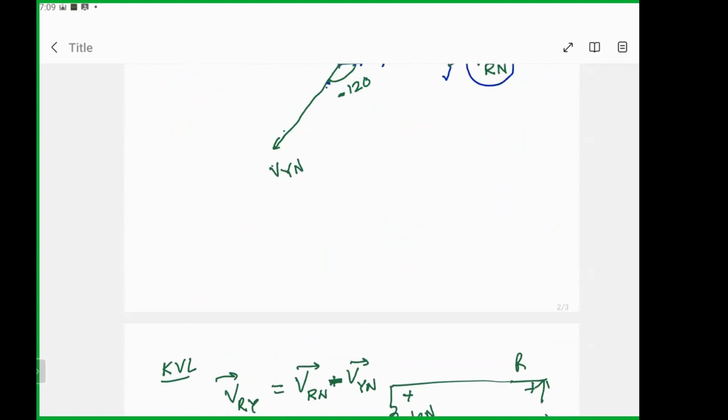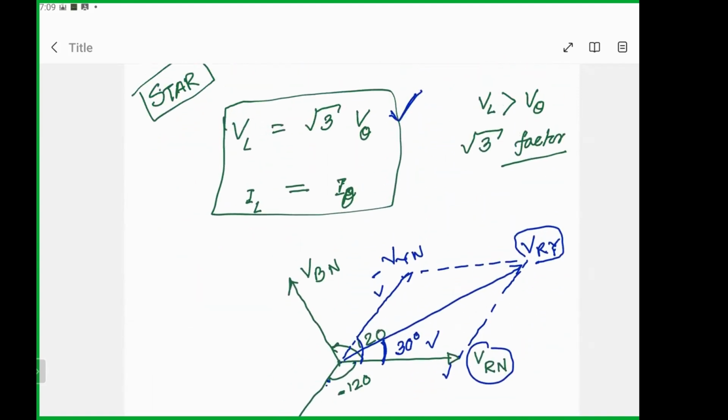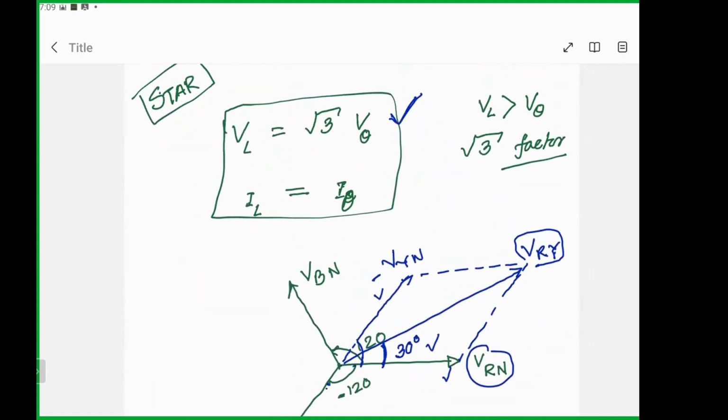That means VRY will be leading by 30 degrees. So VRN, if you consider this one as 0, then VRY will be 30 degrees apart. So it would be VRY at an angle of 30 degrees.